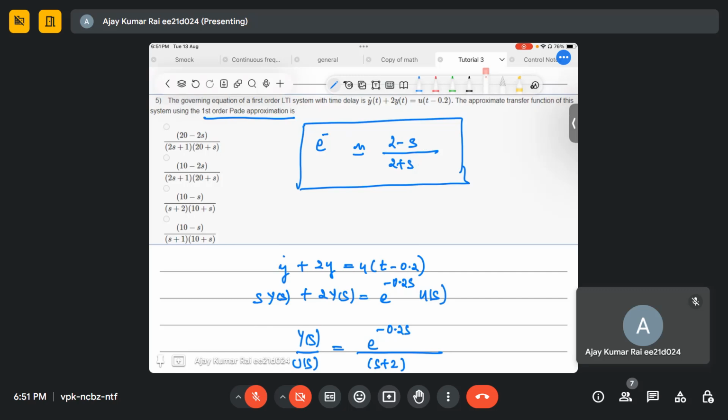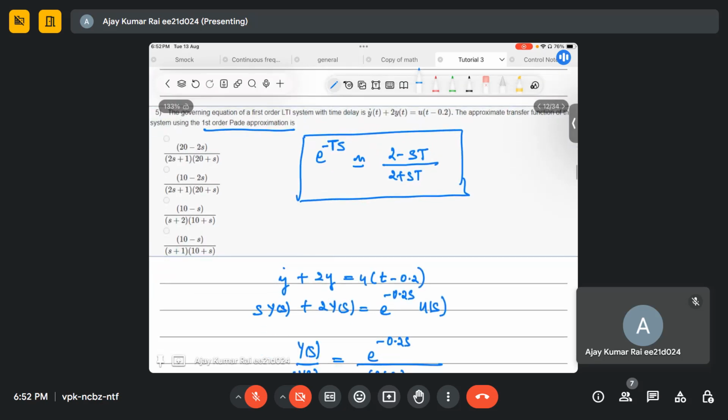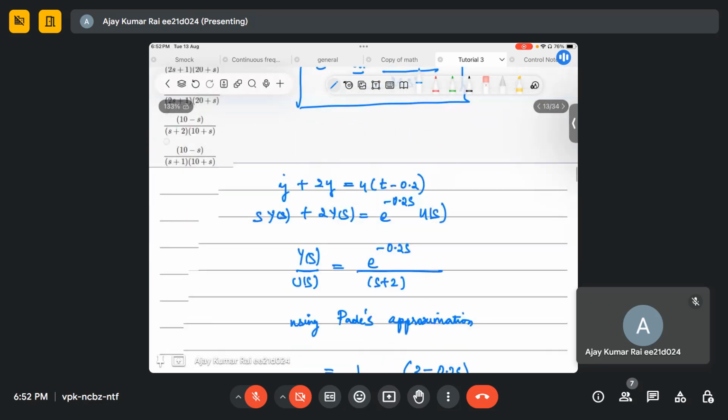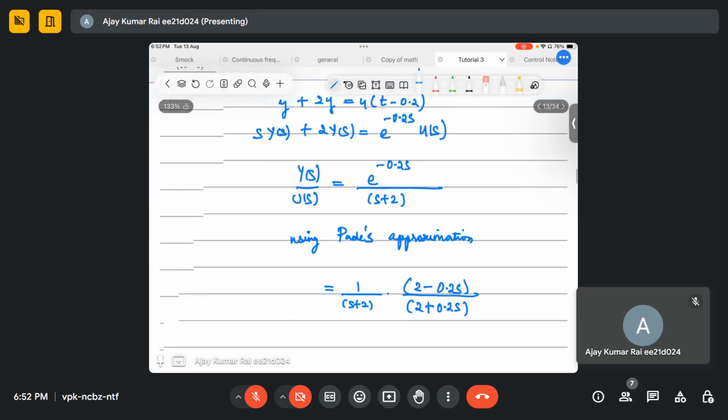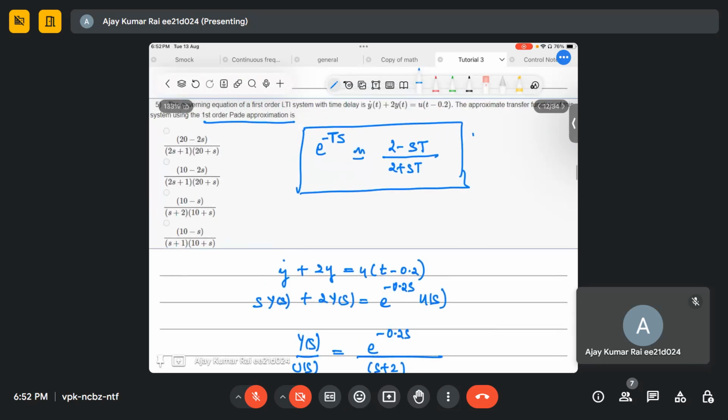Let me just write minus T into s, so this will be (2 minus sT) over (2 plus sT). So e raised to power minus Ts, and here the T is equal to 0.2, right? So you see, this is the Padé approximation.